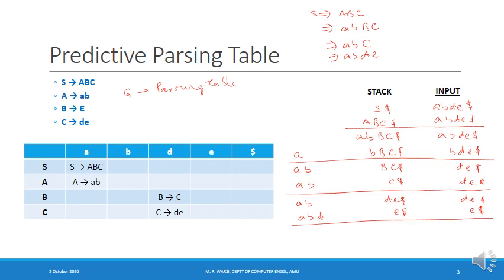Now the topmost stack alphabet is small e, which is a terminal symbol, and it is matching with the next input symbol, so it is once again popped off from the stack. This is the matching part, and the stack after this is holding dollar, and the input buffer is holding dollar.